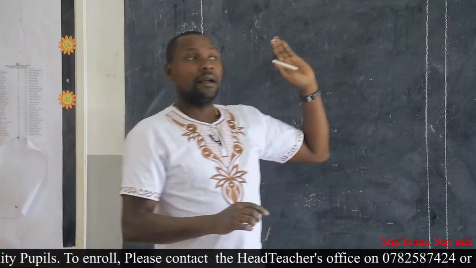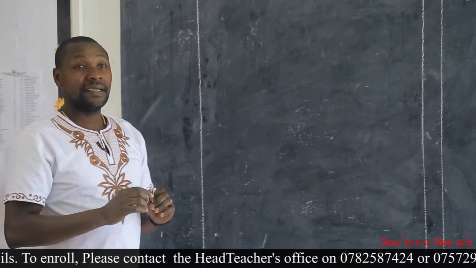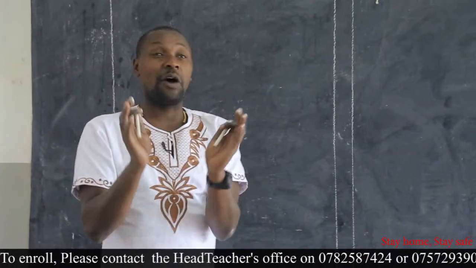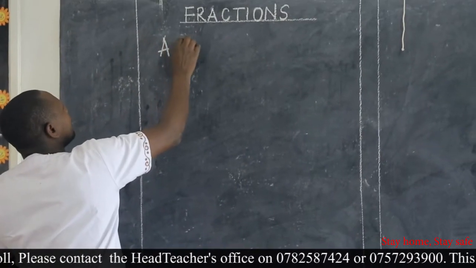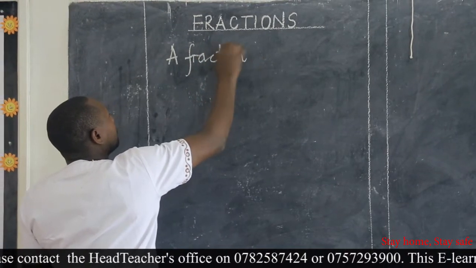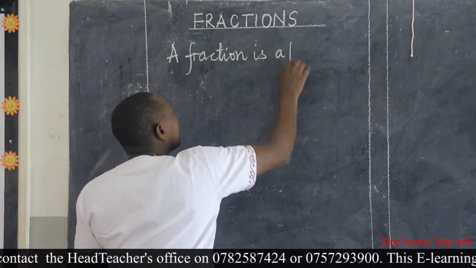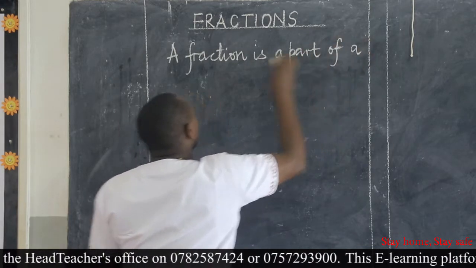If we are to define the word fraction, this is what we call a part of a whole. A fraction, as I can write it, is a part of a whole.